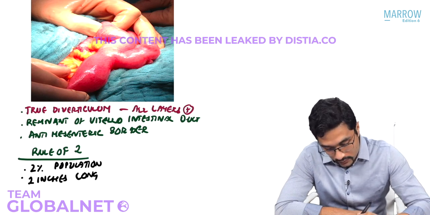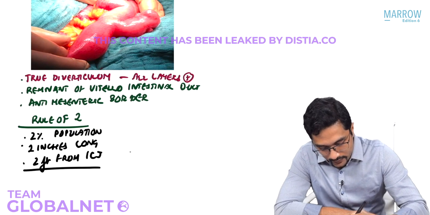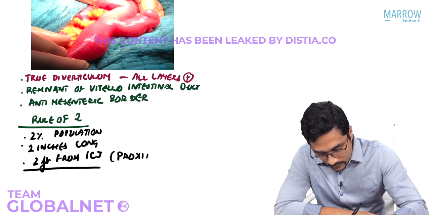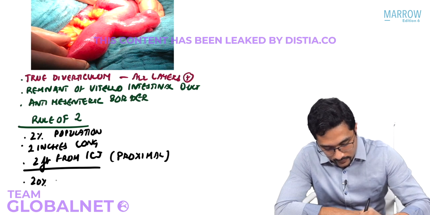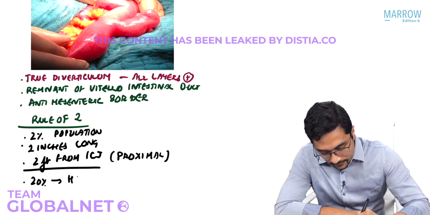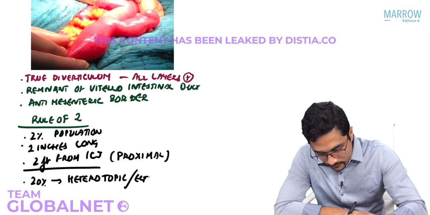It is 2 inches long, and it is situated 2 feet proximal to the ileocecal junction. Also 20% of Meckel's diverticula have heterotopic mucosa, or ectopic mucosa.